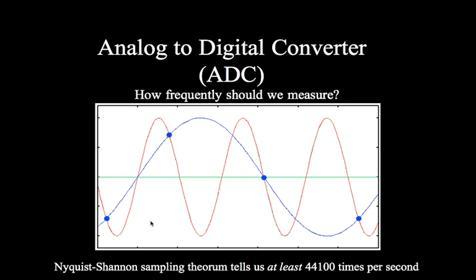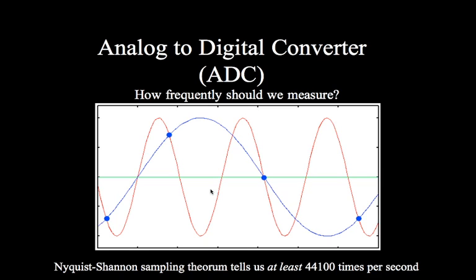Here's the problem with that. Let's say that this red waveform is 25,000 cycles per second. Okay? Now, let's say that the waveform is a little bit above 25,000 cycles per second. The blue dots are the sample rate, 25,000 cycles per second, okay? So the waveform is just above our sample rate.